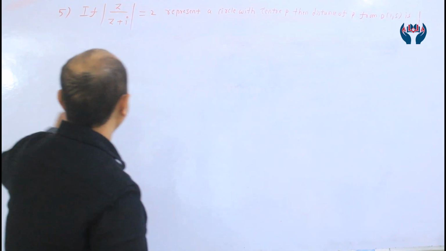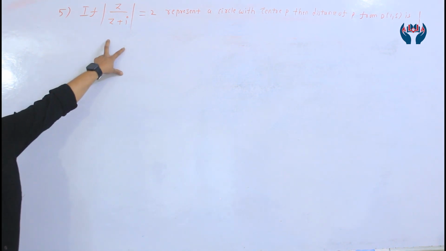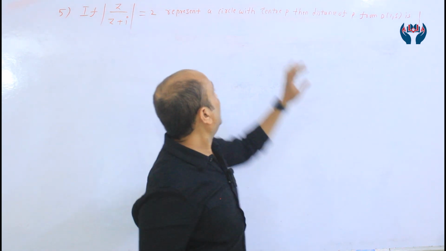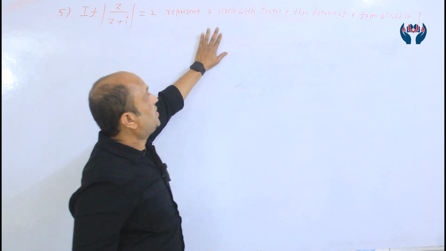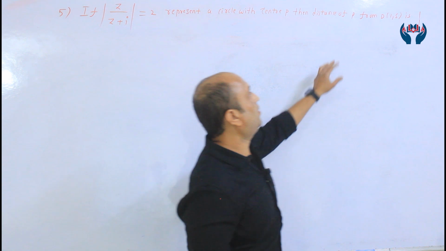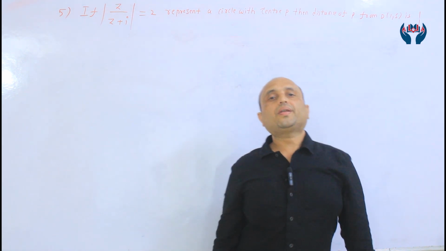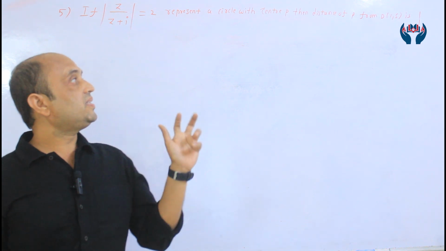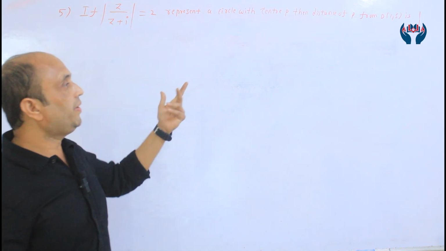This is the fifth question. If mod of z by z plus i equal to 2 represents a circle with center P, then what is the distance of P from D(1, 5)? Here we want to find PD. D is given as (1, 5), but P we don't know.